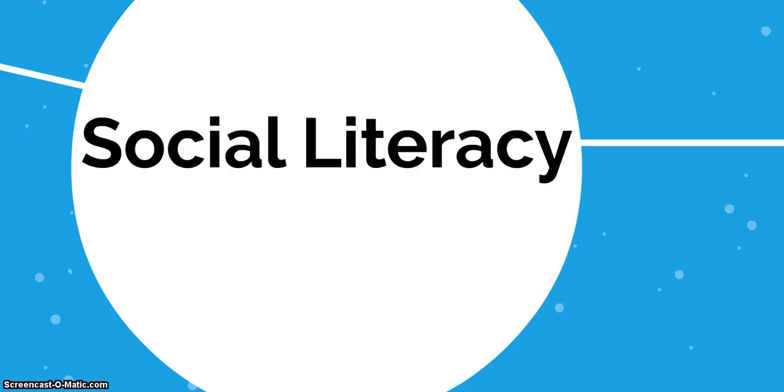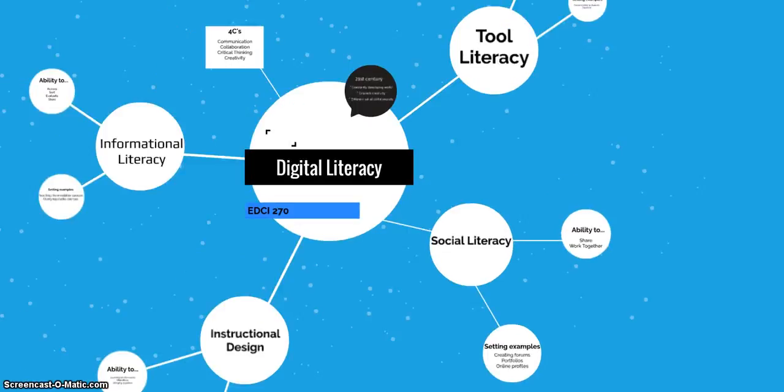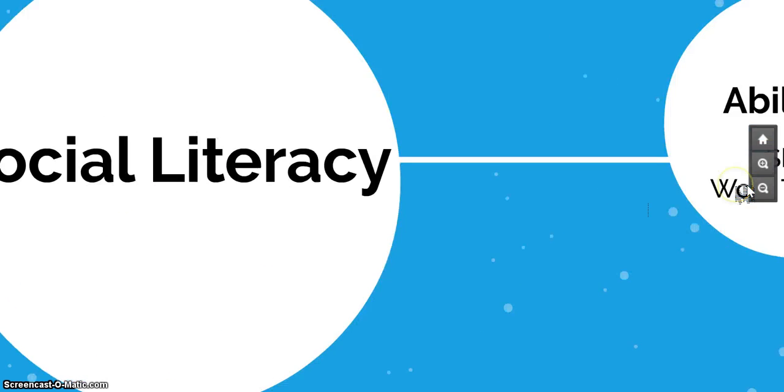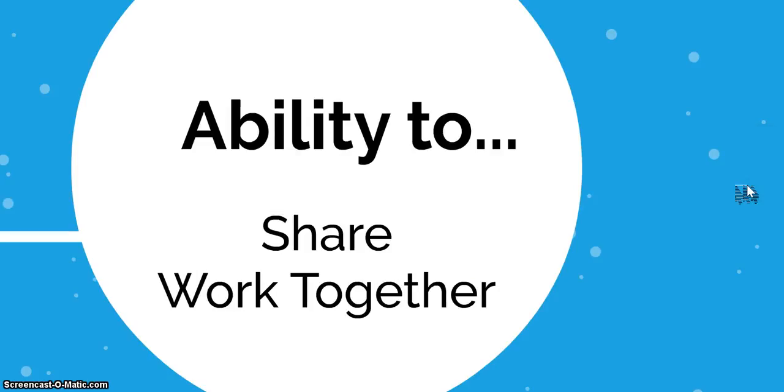The final piece of being digitally literate is social literacy. Social literacy is one of the more easy ones, and we do it a lot now, especially with things like Facebook and such. But it is the ability to share what you have found and work together.